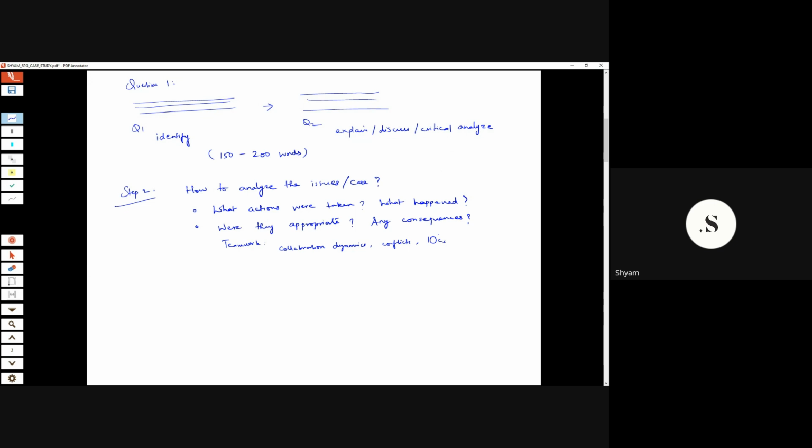Then you have to see if there are any existing codes or theories or policies applicable in the scenario.